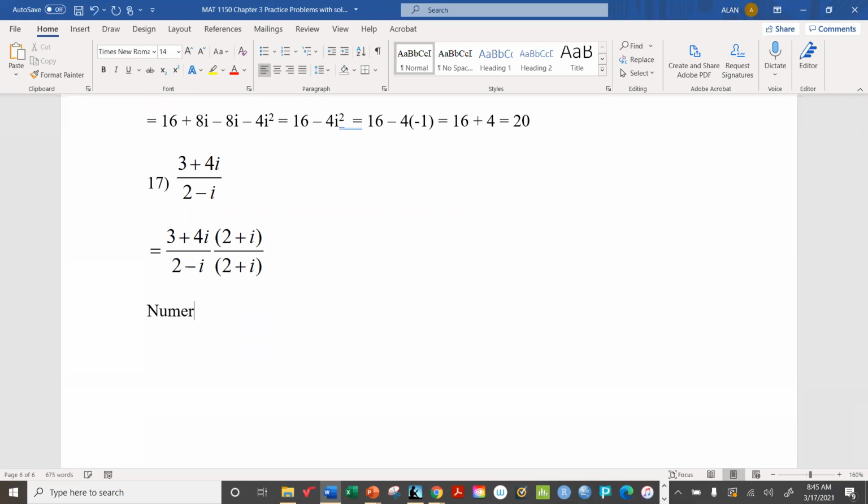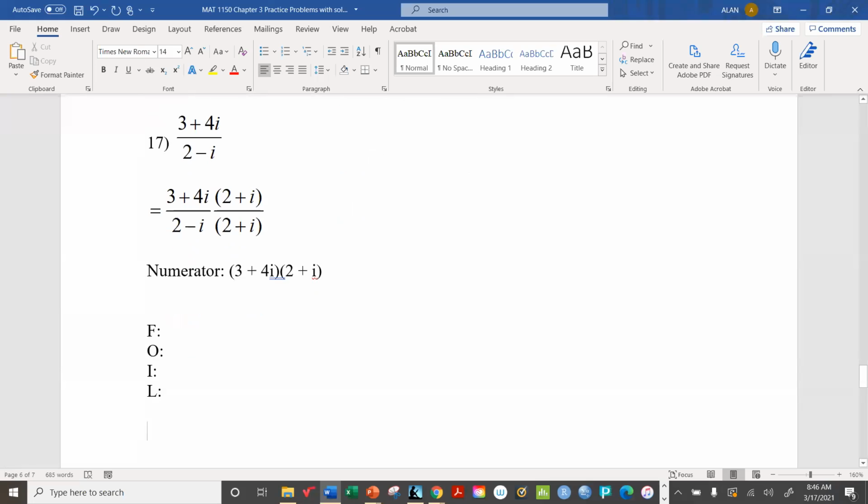So for the first one, we have 3i, 2 plus i. All right, so let's do a FOIL on it. F, O, I, and L is 6 for F. O is 3i.